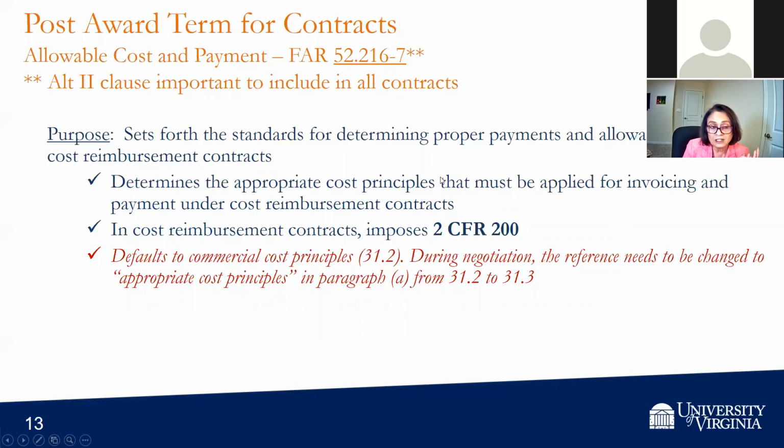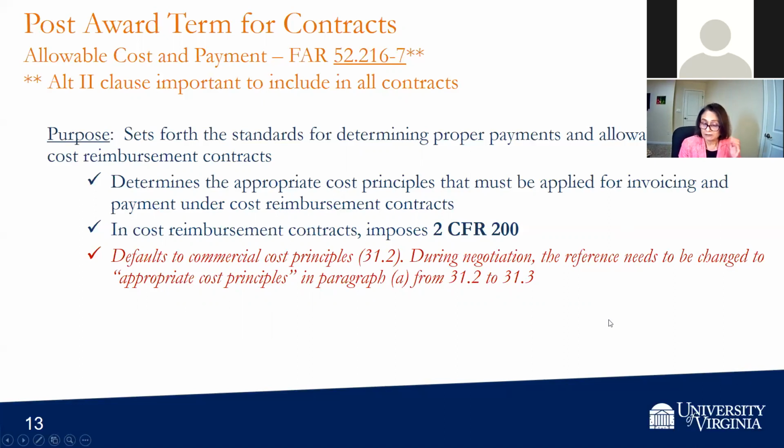So generally, when we are negotiating with a federal contractor, their selection of FAR clauses will default to commercial cost principles, part 31.2.